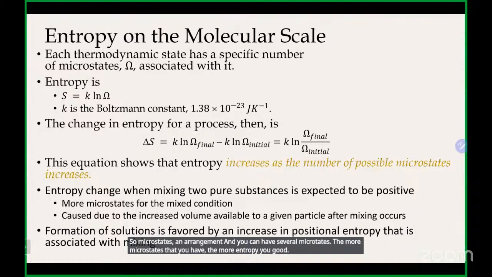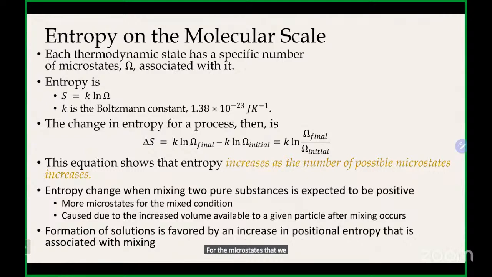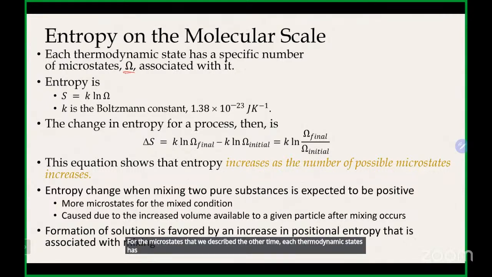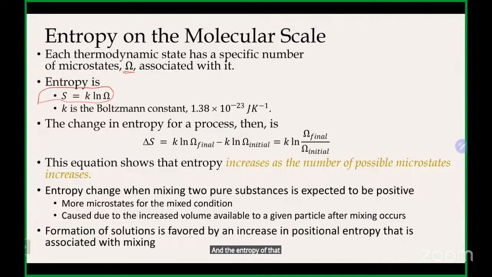For the microstates that we described the other time, each thermodynamic state has a specific number of microstates, and the entropy of that system is given by this equation, S equals K ln W. If there's a process change, that will be the final microstates minus initial microstates, from the laws of logarithms.